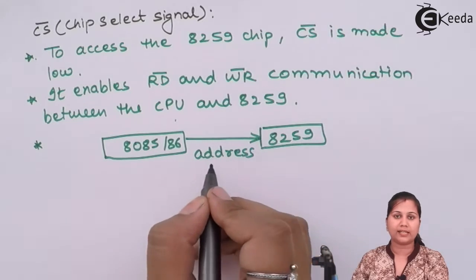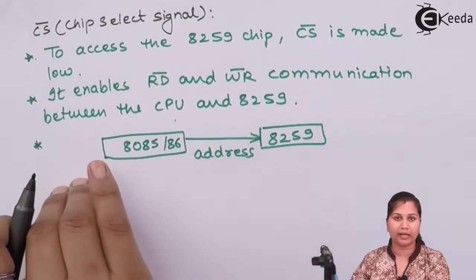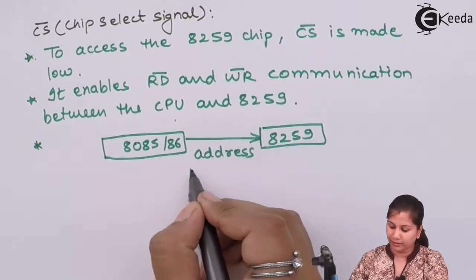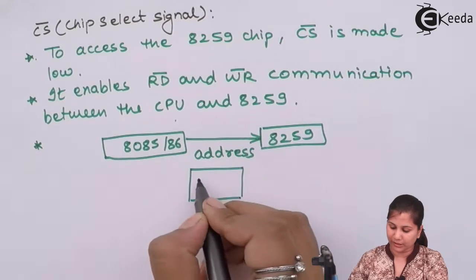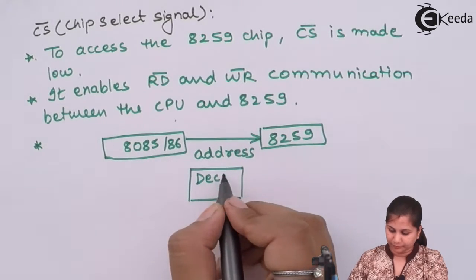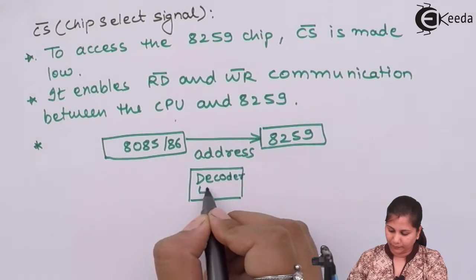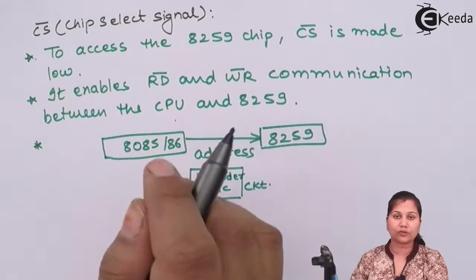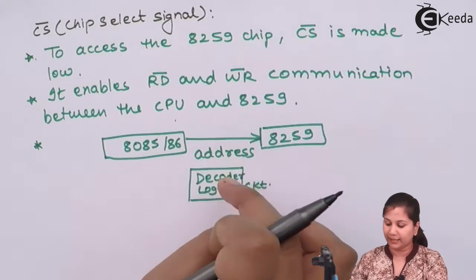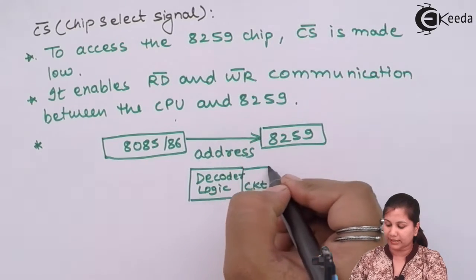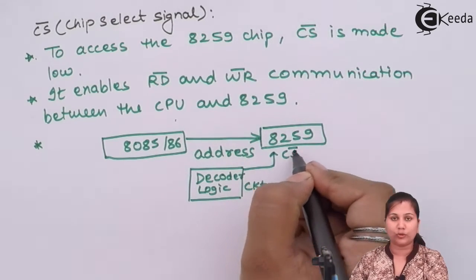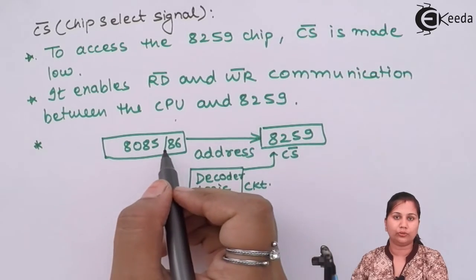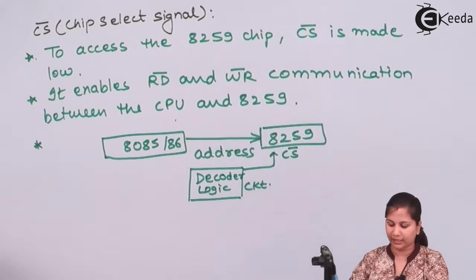Now this address, provided by the 8085, is decoded by a decoding logic circuit. So this decoder logic circuit is going to decode this address, and then it is going to provide this CS bar signal. It is going to activate this signal so that the 8259 can communicate with the 8085 or 8086.